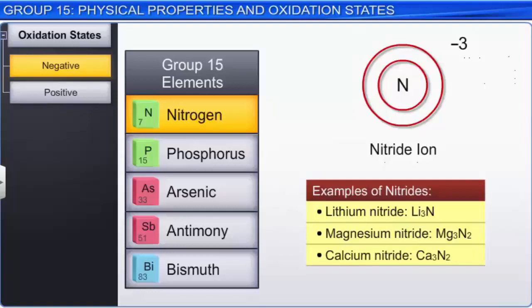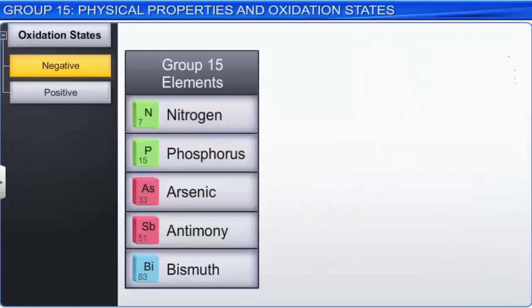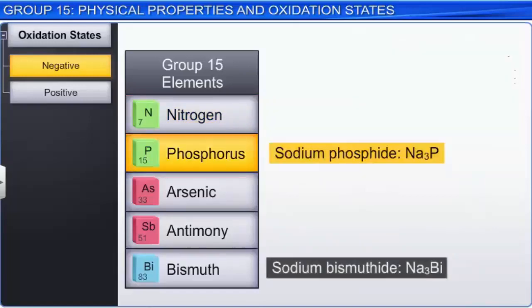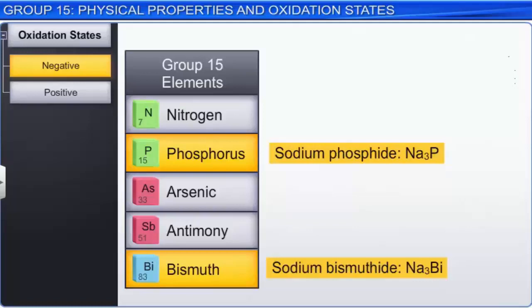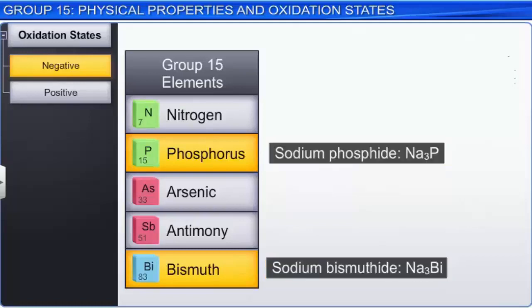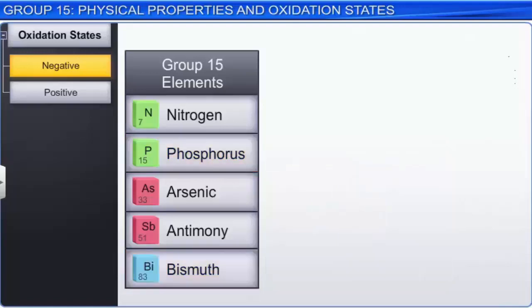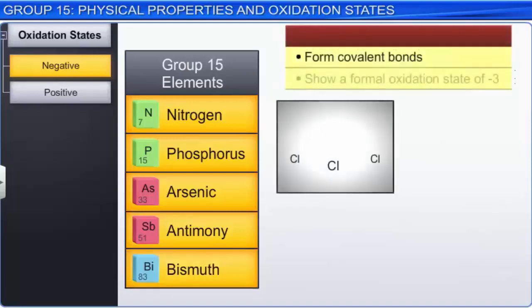Compounds such as sodium phosphide and sodium bismuthide are also known, but these are not ionic. Nitrogen and the remaining elements of this group form covalent bonds and show a formal oxidation state of -3.